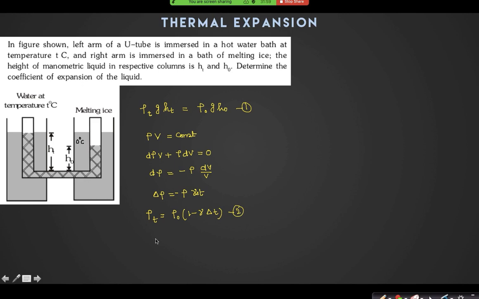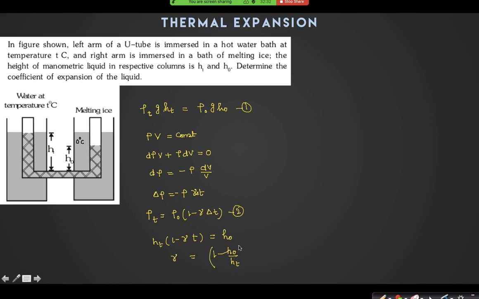Now we can say that from this first equation and the second equation, Ht into (1 minus gamma delta t) should be equal to h naught. So gamma is equal to 1 minus h naught divided by Ht, divided by t.